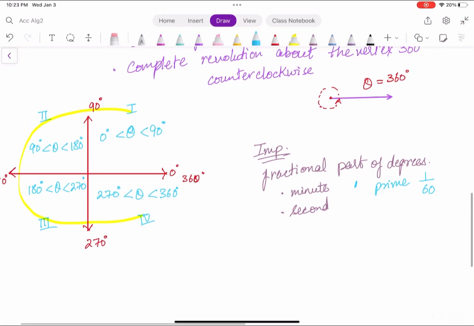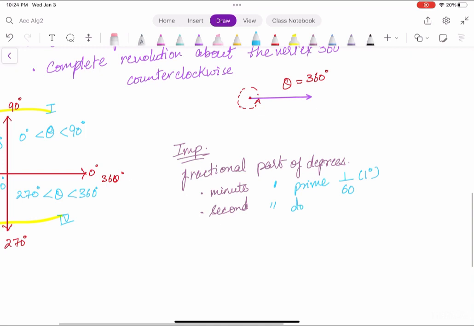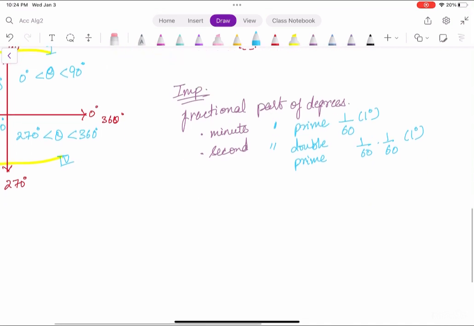So a minute is nothing but 1/60th of a degree, 1 degree. And the double prime, the second, is nothing but 1 over 3,600, or 1/60th times 1/60th. And again, we are talking in terms of 1 degree.